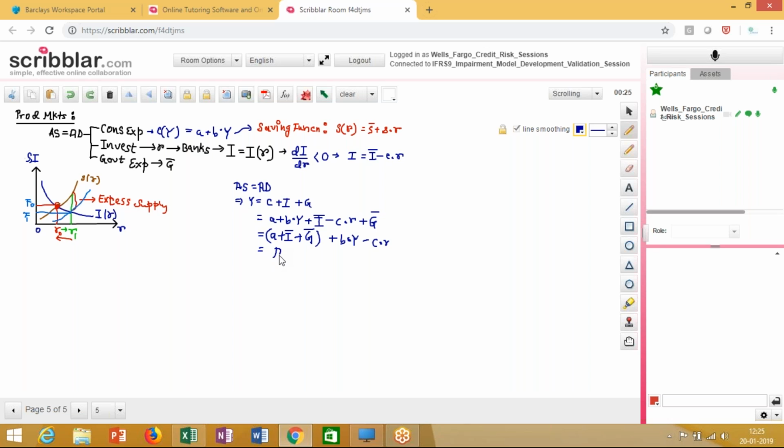So we'll call this A. This A is nothing but A plus I bar plus G bar minus CR, right? What we'll say over here is it is something like this.